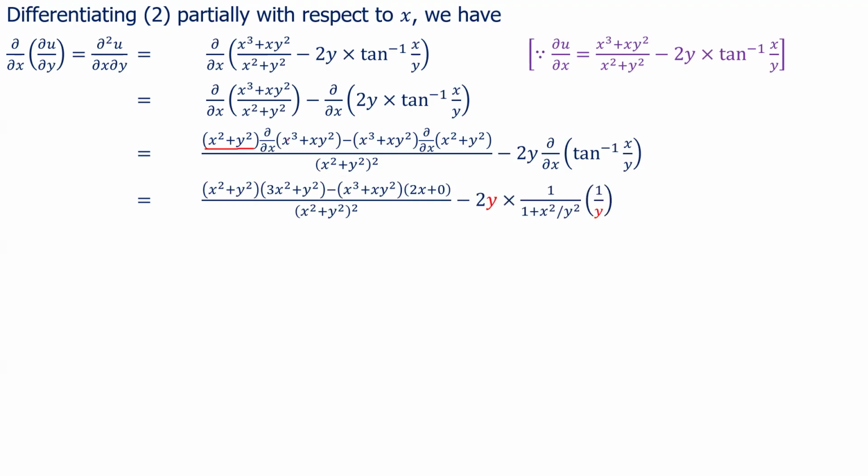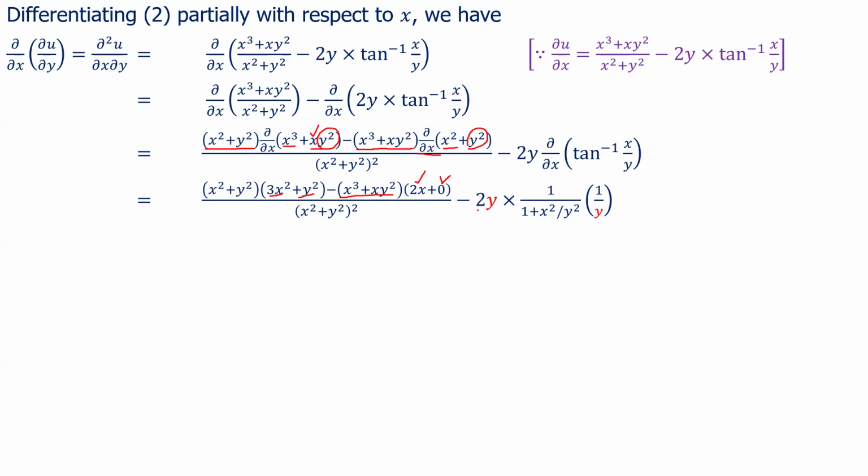This is the same. What is the partial derivative of x cube? It is nothing but 3x square. Partial derivative of xy square: y square is constant, and the derivative of x is 1, so we have only y square remaining. In the second part, x cube plus xy square stays as it is. Now we want the partial derivative of x square, which is 2x, and the partial derivative of y square with respect to x is nothing but 0, because x and y are independent variables.